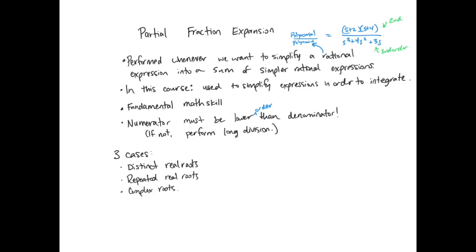And the third one is if you have complex roots. So let's go through each one, and I'll do an example for each one. And I'm actually going to use the example from up here for the first one. So I'm going to move the screen up. The first case is distinct real roots.